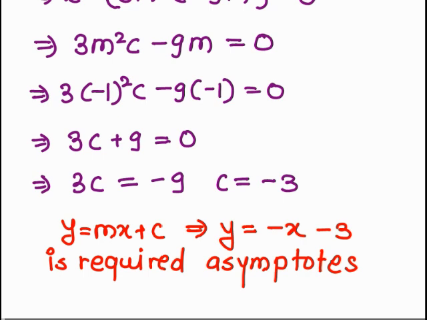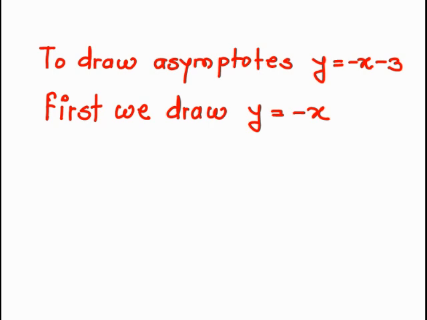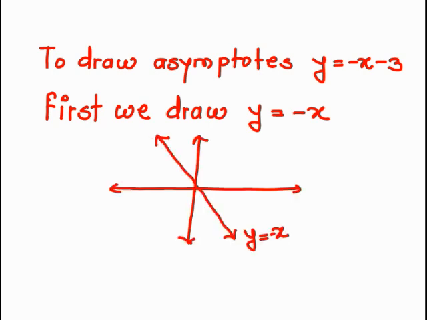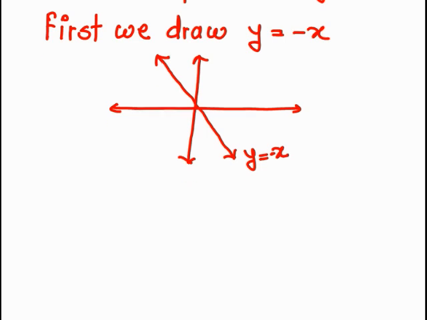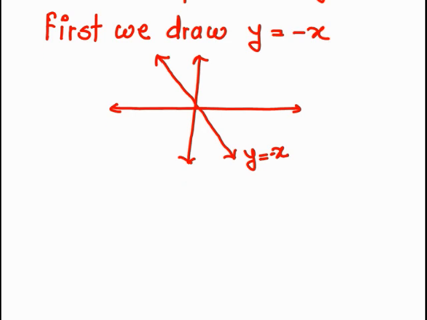So this is how we find the equation of an oblique asymptote. Now how to draw this asymptote? To draw this asymptote, first we draw the line y equal to minus x. After drawing this line y equal to minus x, our equation is y equal to minus x minus 3.